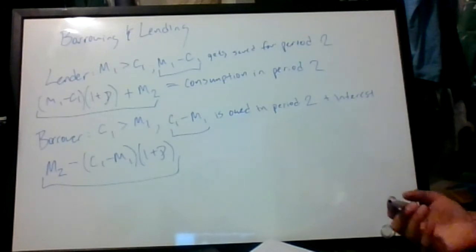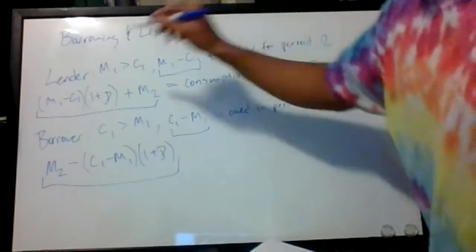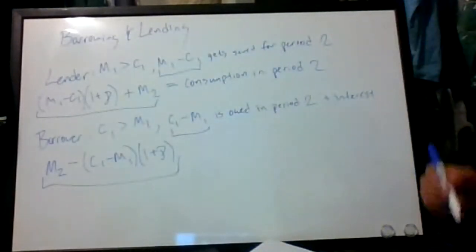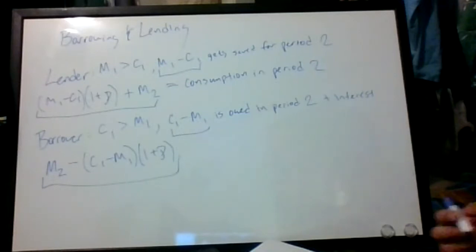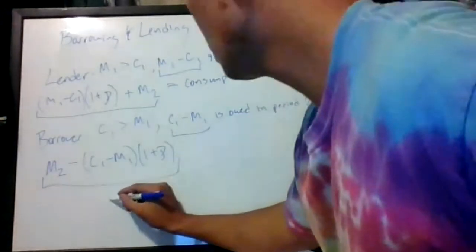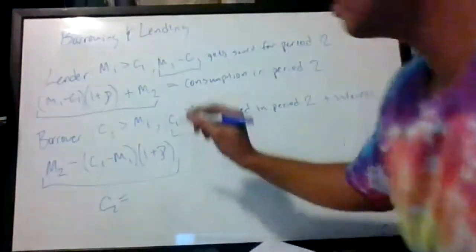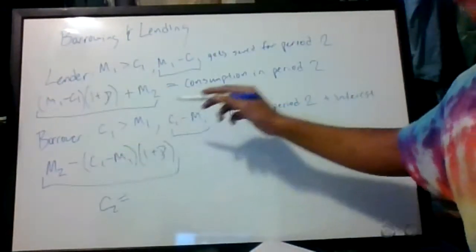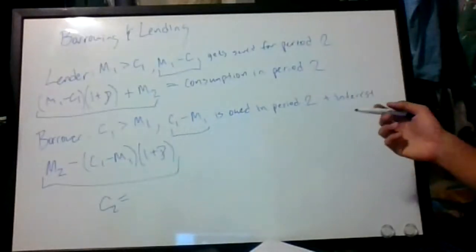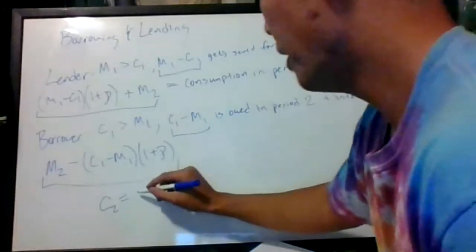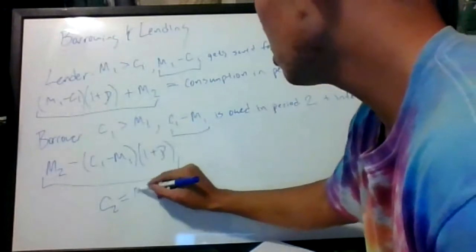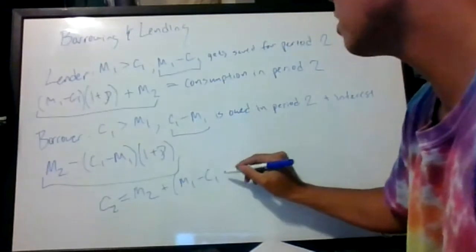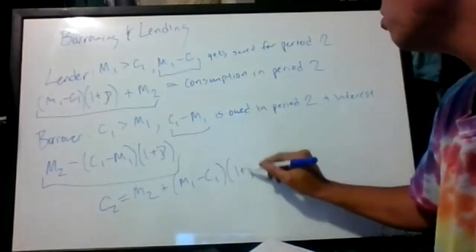And so that's the beauty: no matter whether you're a lender or a borrower, your consumption in period 2 is still going to follow the same equation. So C2 is equal to this equation, but it's also equal to this equation. The reason why, and this is just some mathematical tweaking, is that this is equal to M2 plus M1 minus C1 times 1 plus rho.